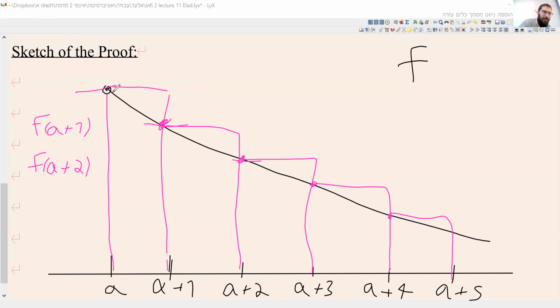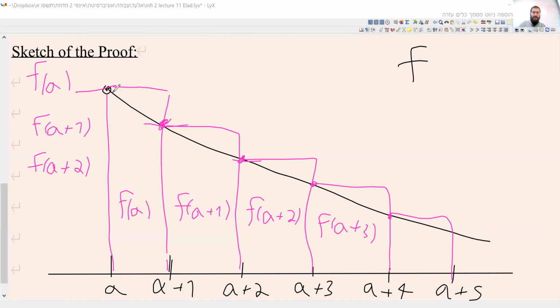Here it's f(a). So the area of the pink, it looks pink on my screen, in my monitor. And this one is f(a+1), and this one is f(a+2), meaning the areas of the rectangles.